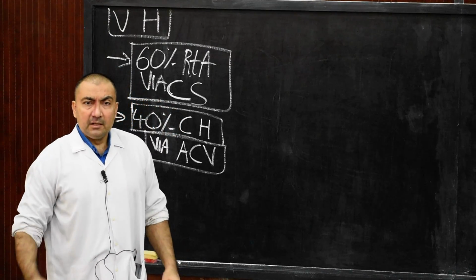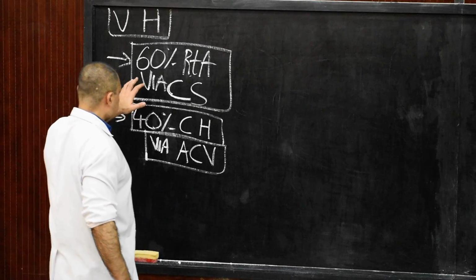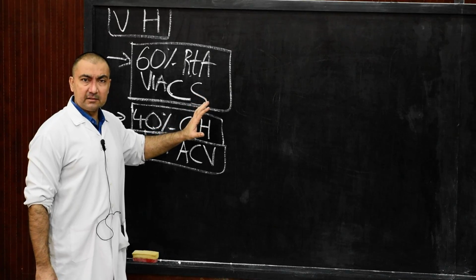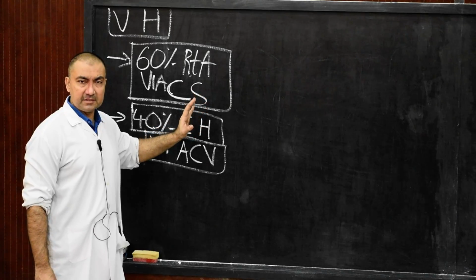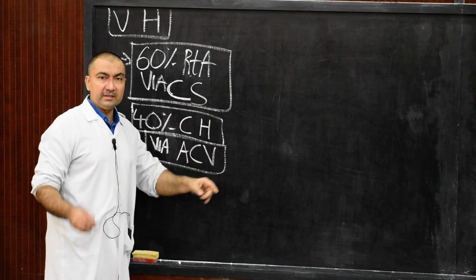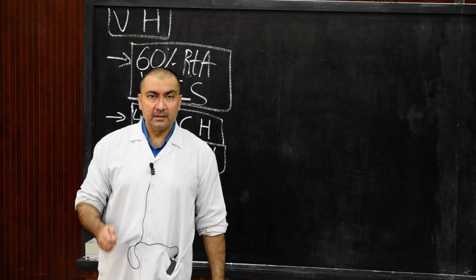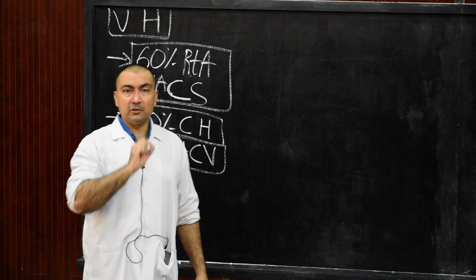Next point. Now, in this venous drainage of the heart, coronary sinus, 60%, this coronary sinus will receive the maximum amount of blood from the left coronary artery.